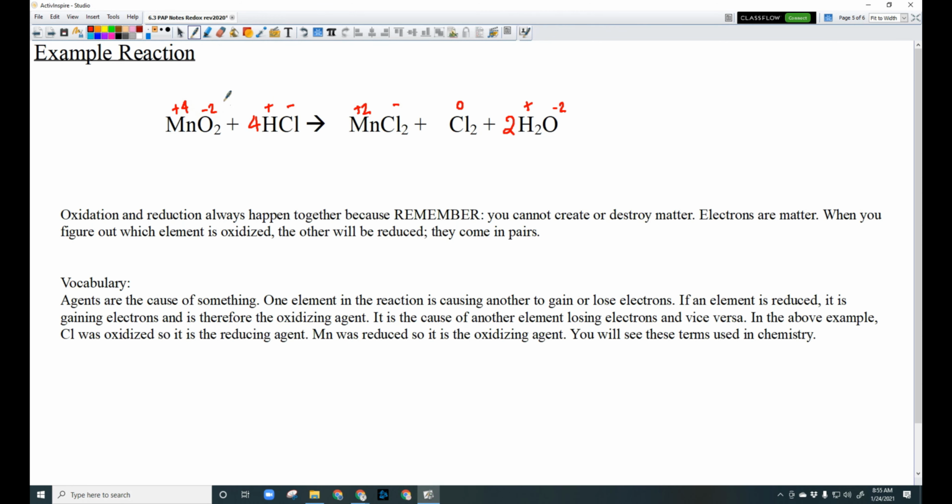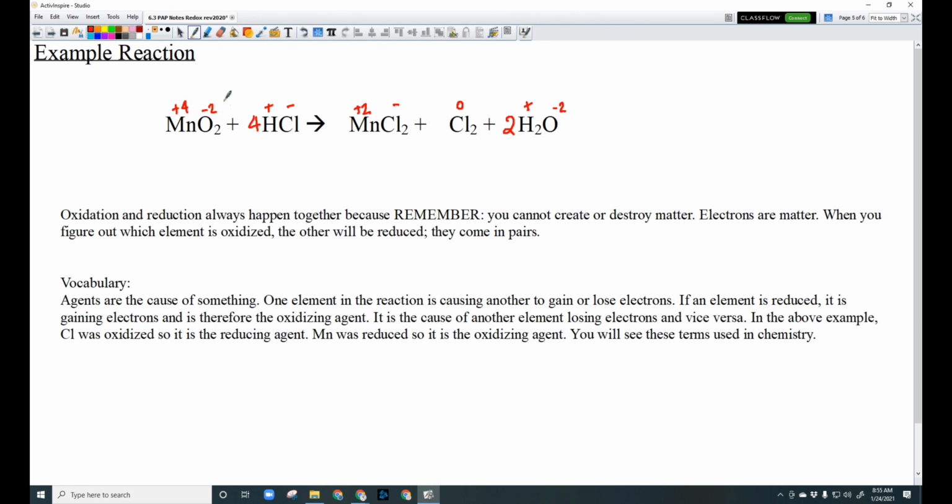Okay, so let me change colors here. And oxygen, -2, -2. Okay, so oxygen is not the one that changed. Hydrogen, +1, +1. So hydrogen didn't change. Chlorine, -1, -1.